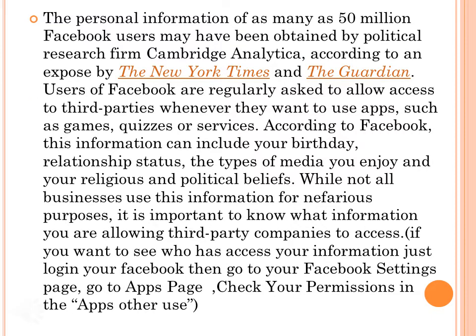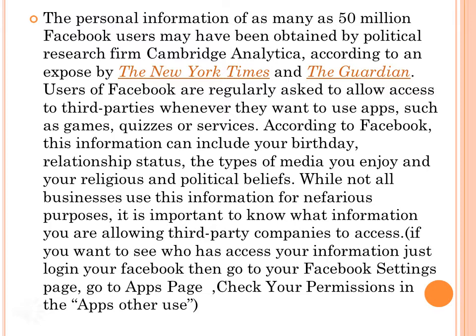The personal information of as many as 50 million Facebook users may have been obtained by the political research firm Cambridge Analytica, according to an exposé by the New York Times and The Guardian. Users of Facebook are regularly asked to allow access to third parties whenever they want to use apps such as games, quizzes, or services.